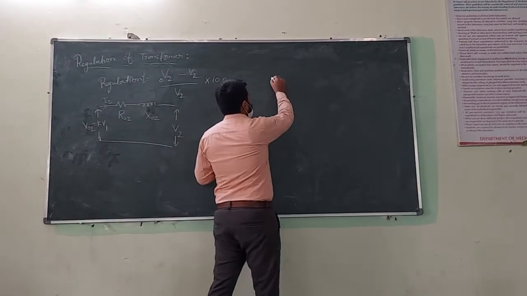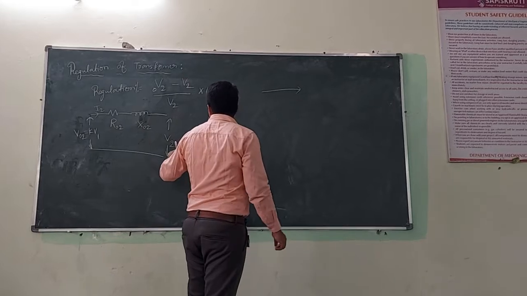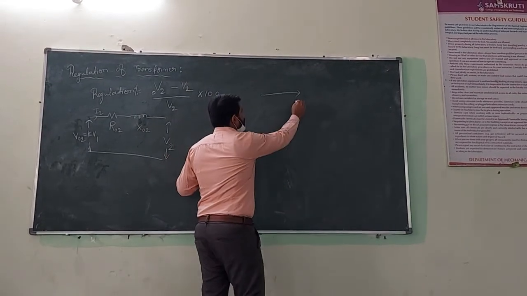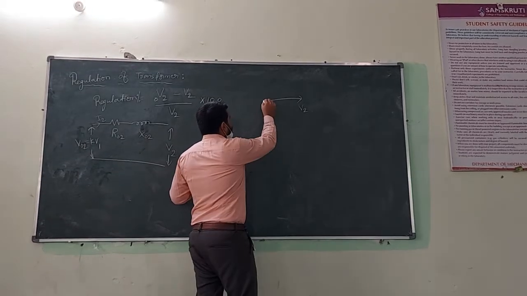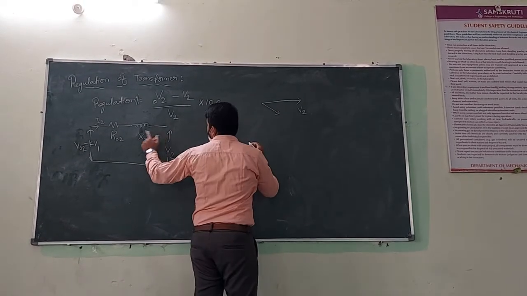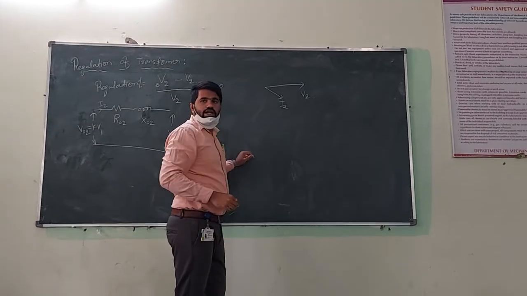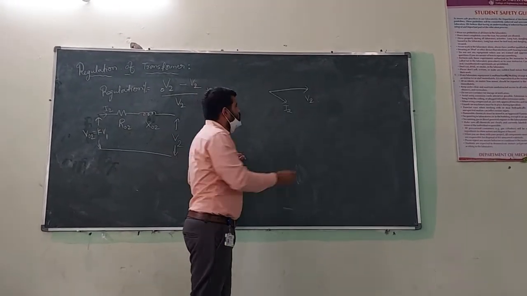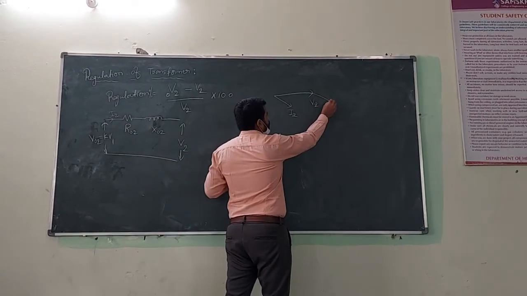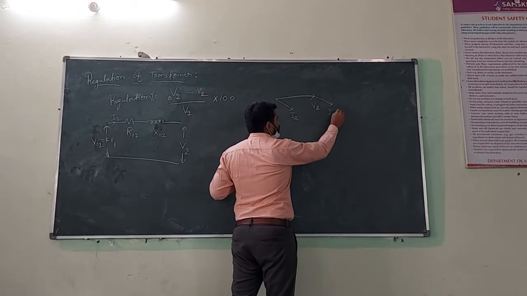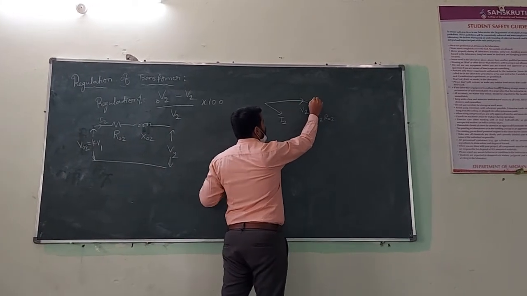Now, first to determine the voltage regulation, I am taking the full load voltage V2 as a reference. Due to the inductive and resistive parameters, the current should lag. There is a voltage drop here. How much? I2 into R02.